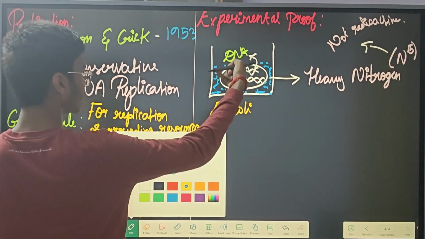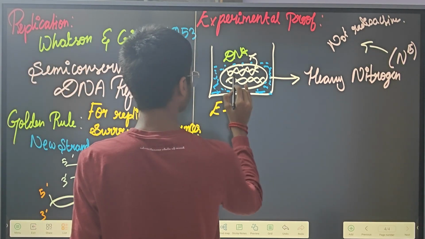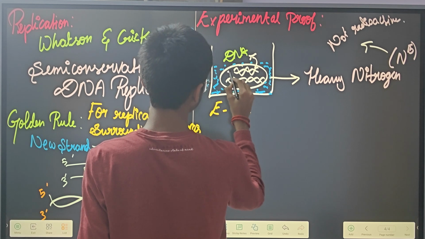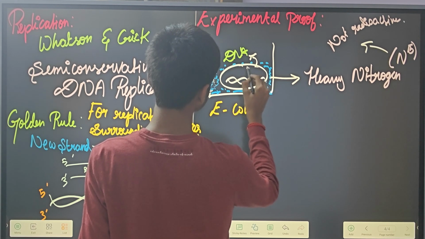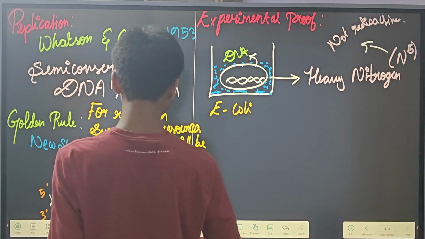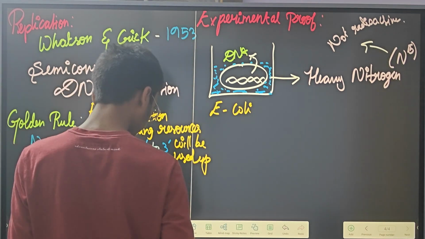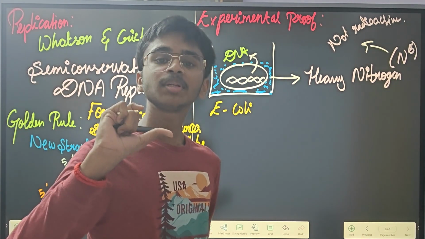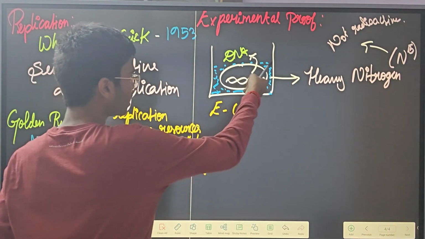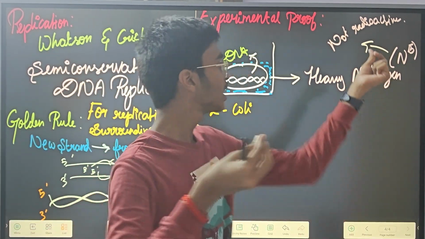So it's going to split up. Since I cannot draw that many times, I'm just going to take only one DNA strand and erase the rest. Now if you consider the diagram, this is normal DNA, not having nitrogen 15.